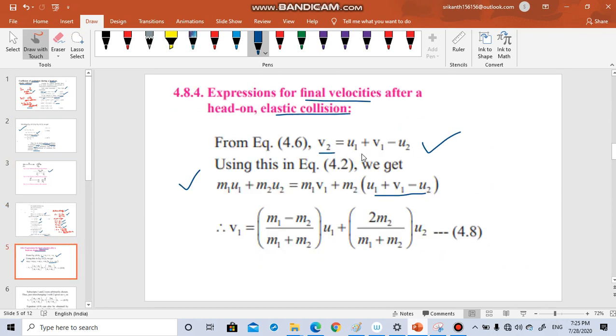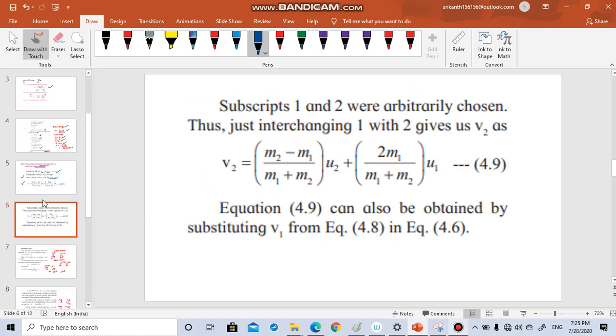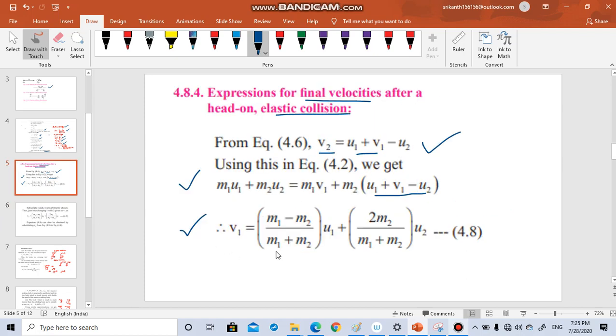Once you solve this, you finally get the final velocity of 1 as this formula. It can be proved. I have not included the proof part here. If anyone is interested, you can message me. I will do the whole proof and send it to you.